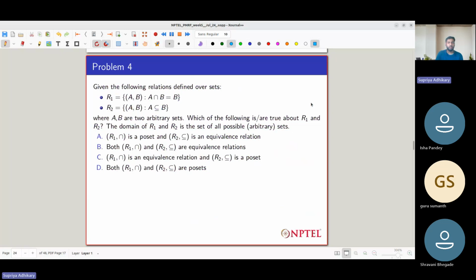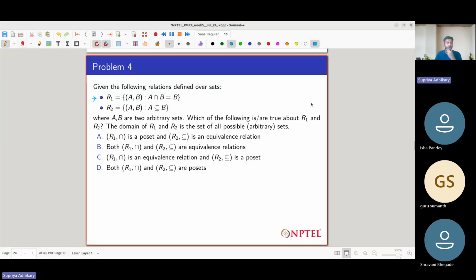Now we have to figure out if these statements A, B, C, or D are true or not. The first statement says that R1 is a poset or not, and R2 is an equivalence relation or not.